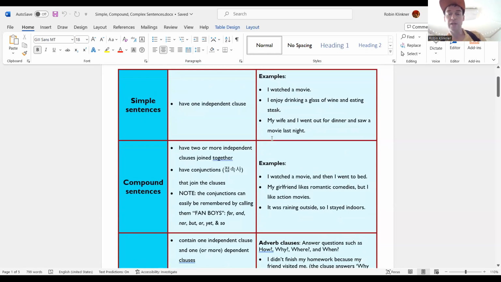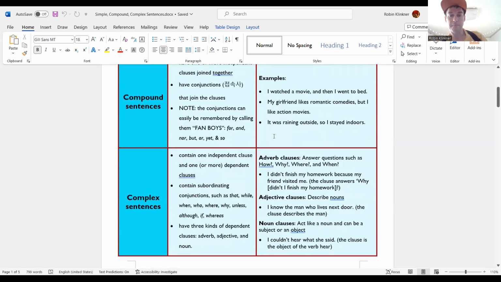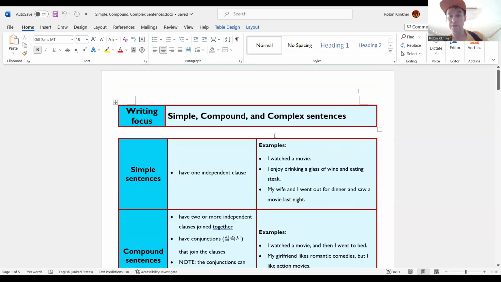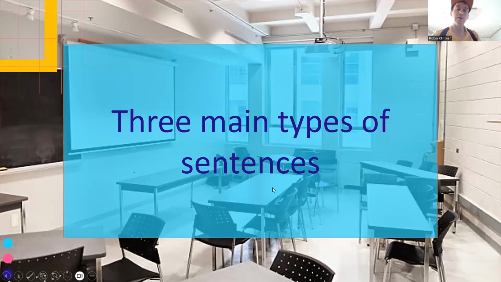So I'll upload this and you can also take a look at this. And the first page is reference, and then the remaining few pages are activities. So let's continue. So let's take a look at the three main types of sentences.